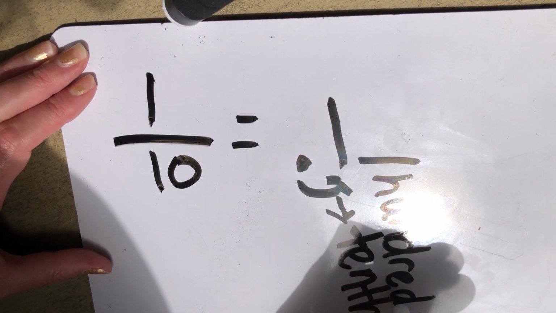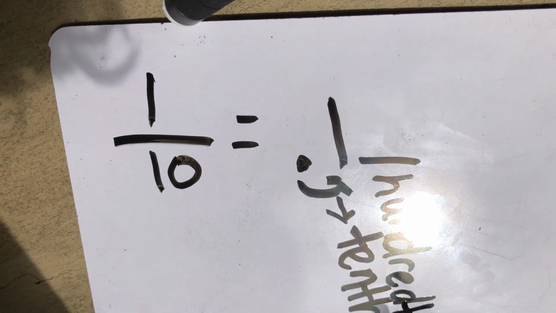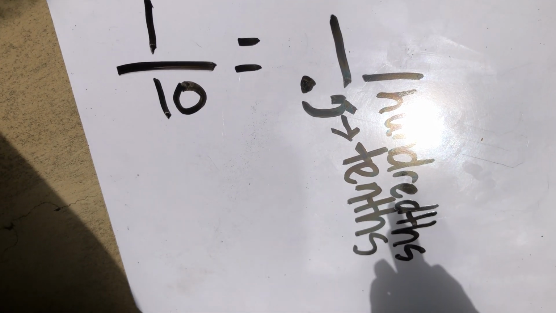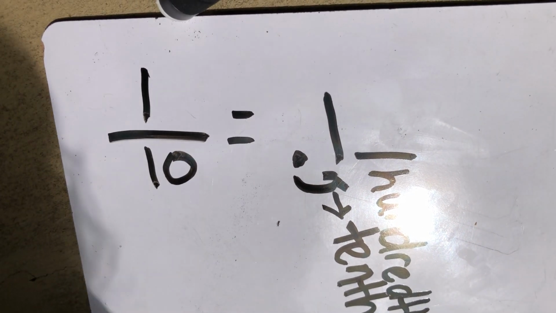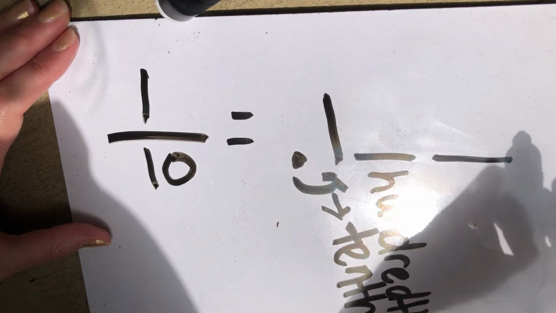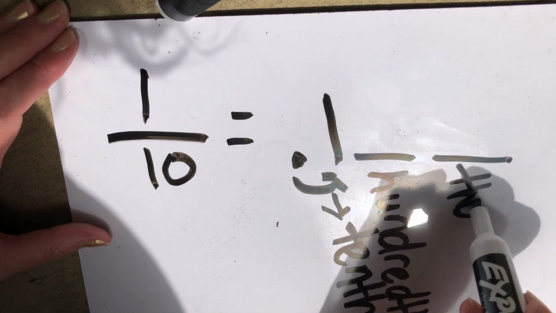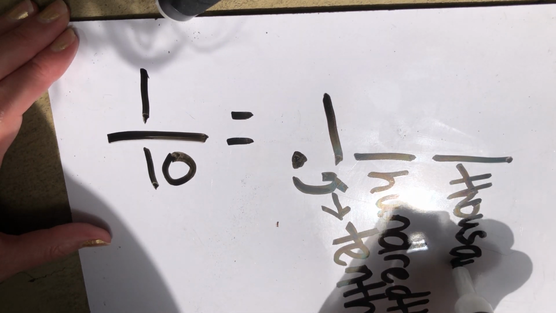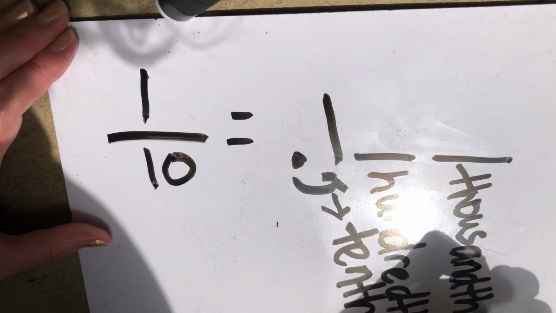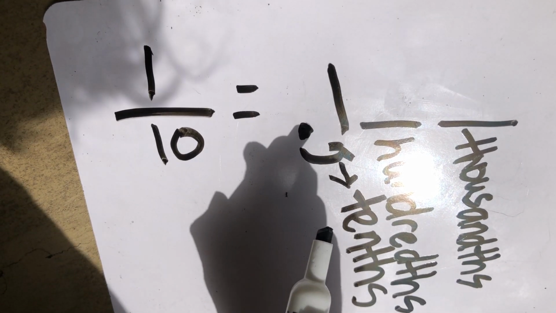So just spell the word hundred, and then add a THS. And then 1, 2, 3 places to the right, this would be what? Thousand. Just spell the word thousand and add a THS. Thousandths. So the tenths, hundredths, thousandths.